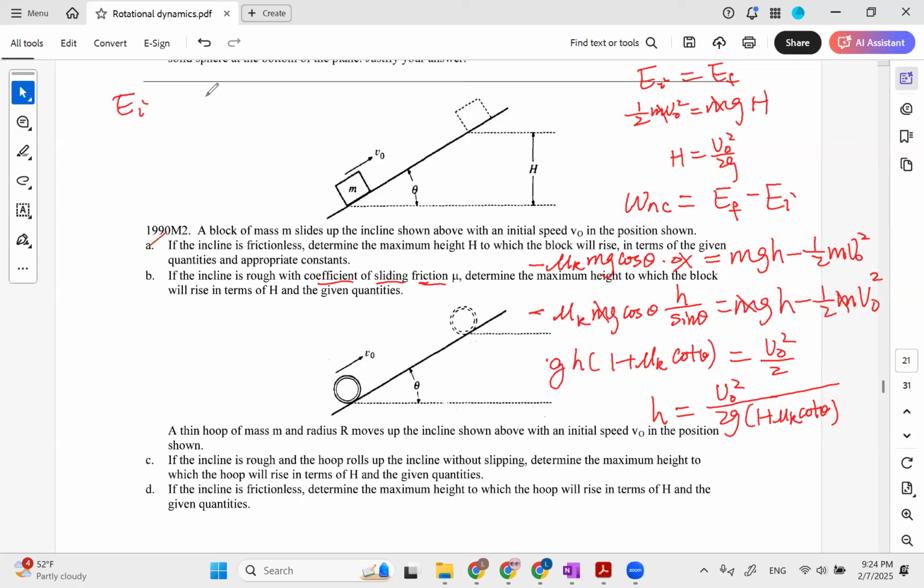So you use initial equals final: half m v naught squared plus half I omega squared will be equal to mgh. So you will find the height in terms of h. What is it?